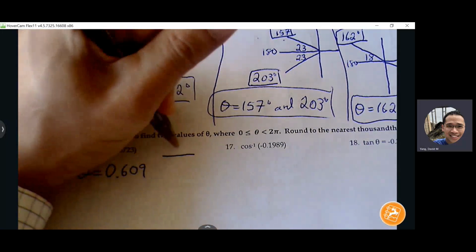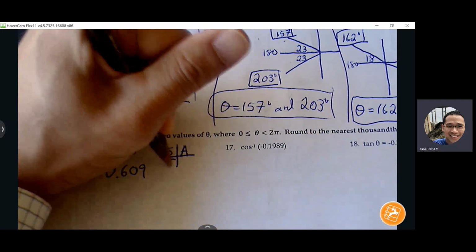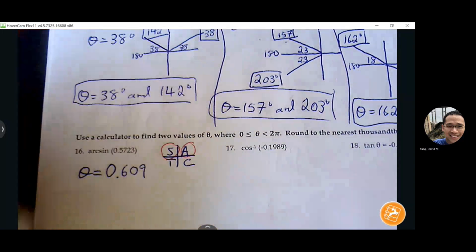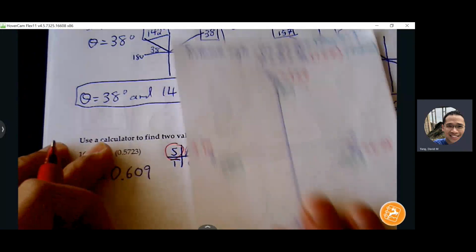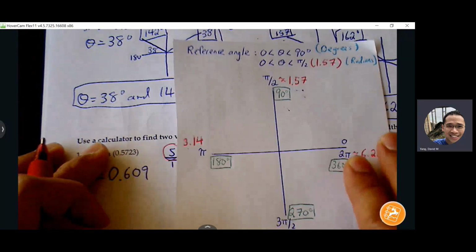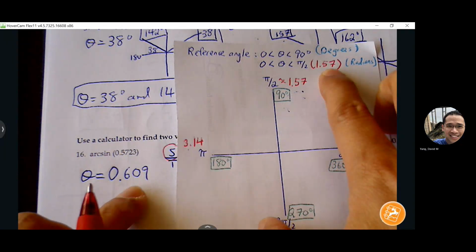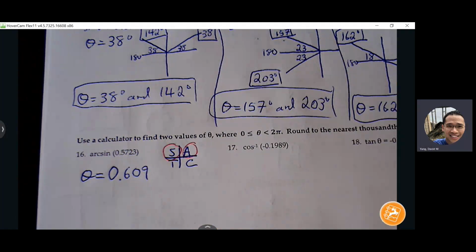All right. Which quadrant are we going to be in? First and second. Now 0.609 is nice and safe. It is a reference angle because it's less than 1.57, it's less than pi over 2. So we know that's one of our answers.